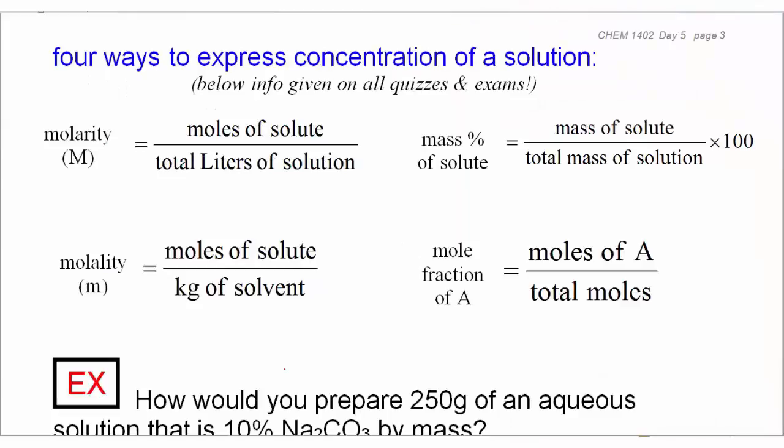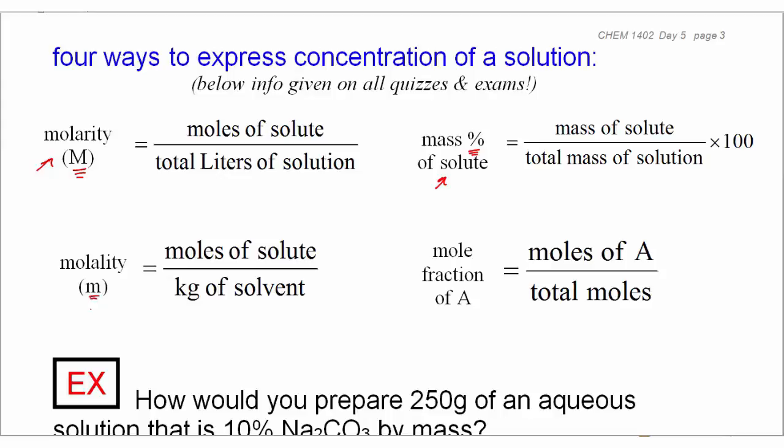We have 4 ways to express the concentration of a solution, and I'm going to give you these 4 equations. You just have to know how to use them. So here's the first one: molarity, symbol capital M, moles of solute over total liters of solution. Mass percent, the unit will be percent, and that's just the mass of the solute divided by the total mass of solution times 100. Molality, that symbol will be little m.